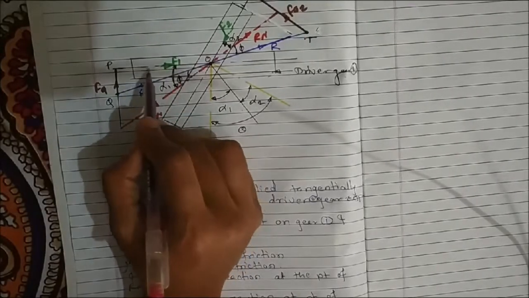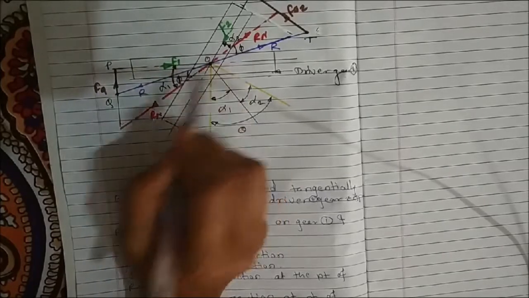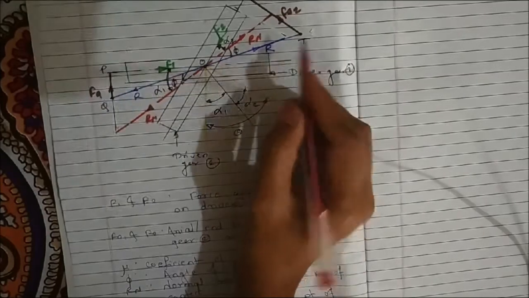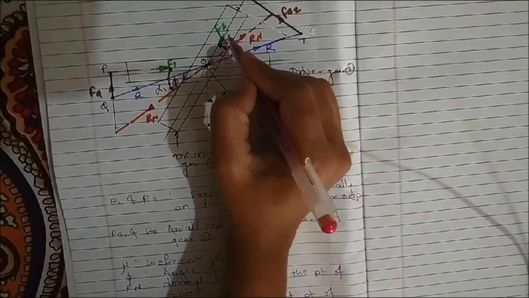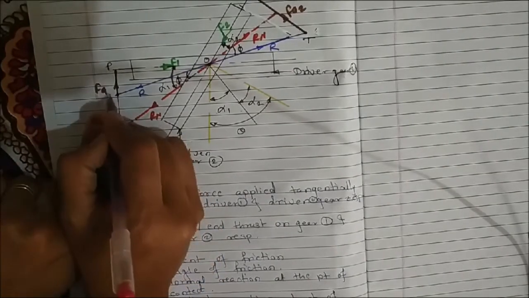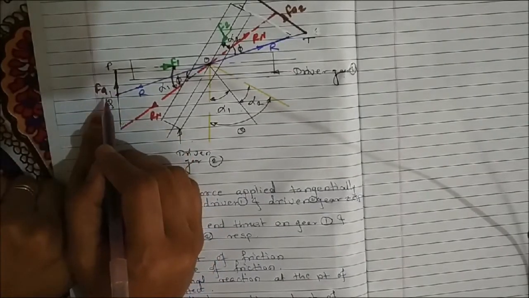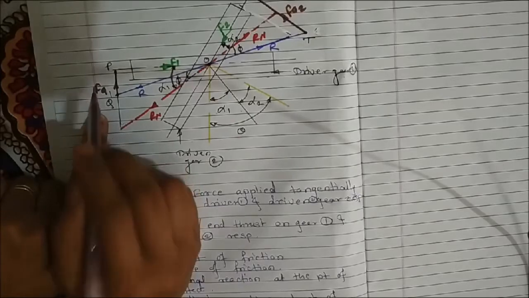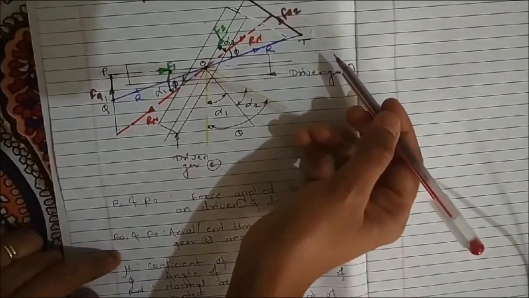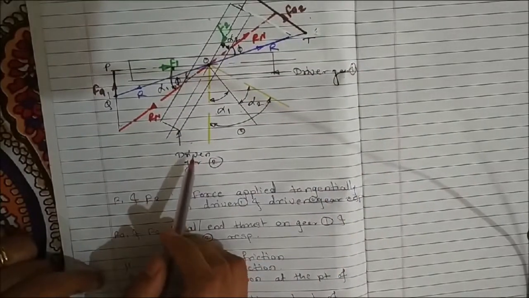Now along the tangent of the tooth we have F1, the tangential force on gear 1, and F2, the tangential force on gear 2, and FA1 is the axial force or thrust load on gear 1, and FA2 is the axial force on gear 2.